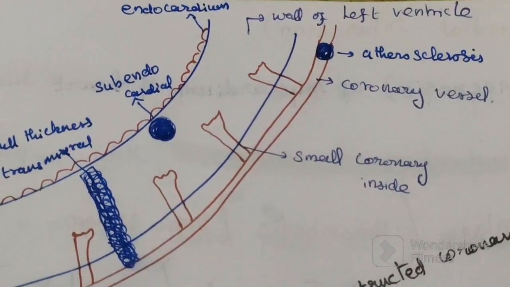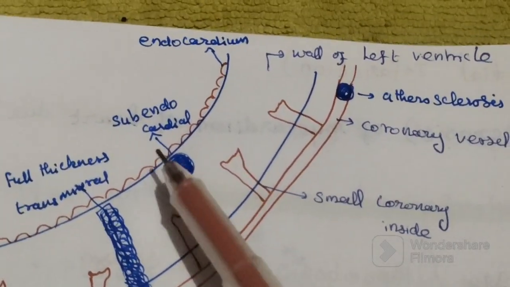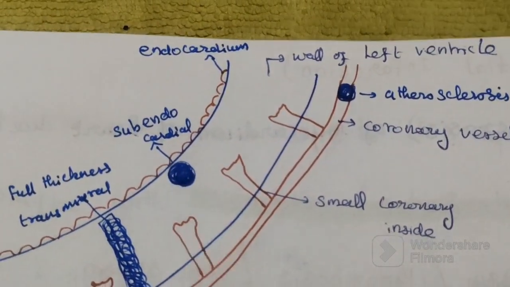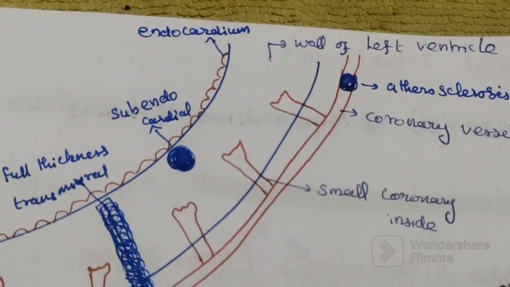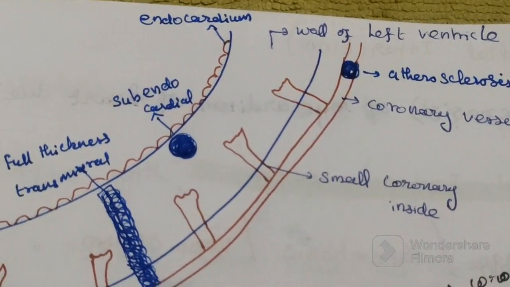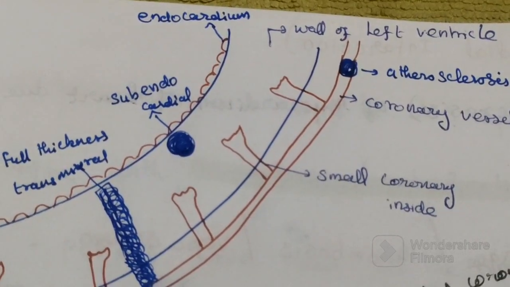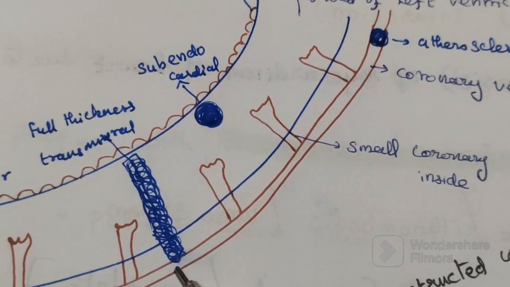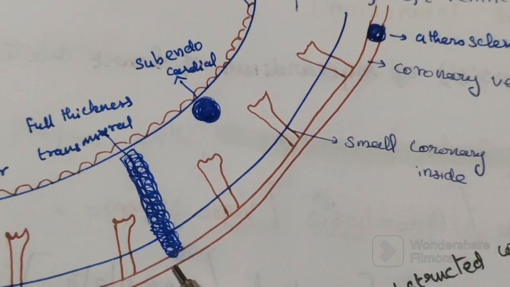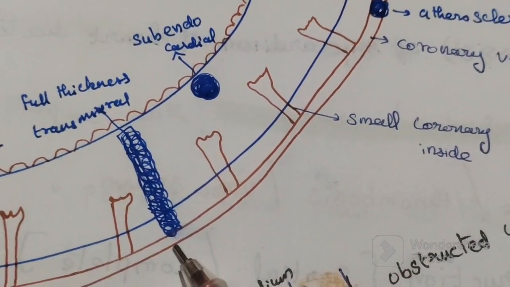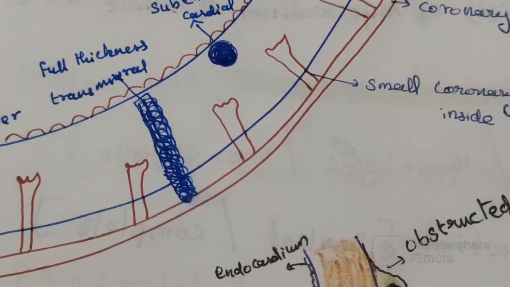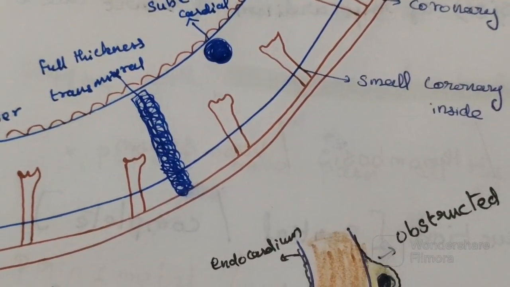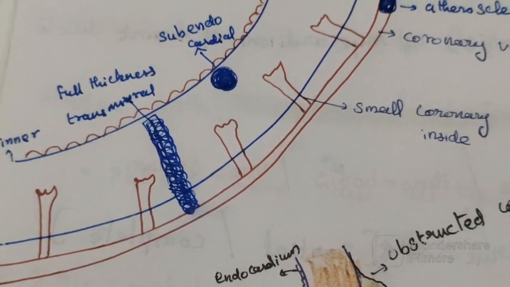The first is subendocardial, with partial obstruction, where only the inner half is involved. The larger one is full thickness, called transmural. Transmural means full thickness involvement. So these are the two types of MI.